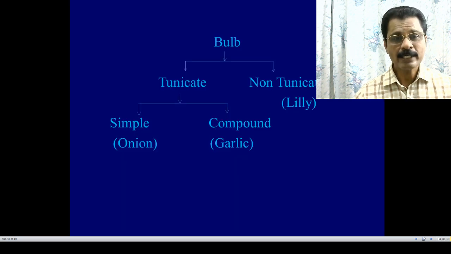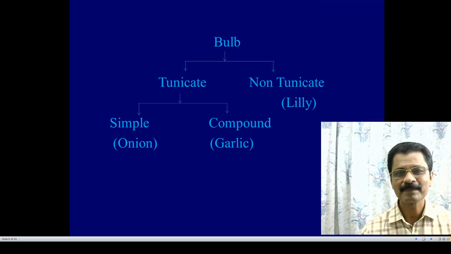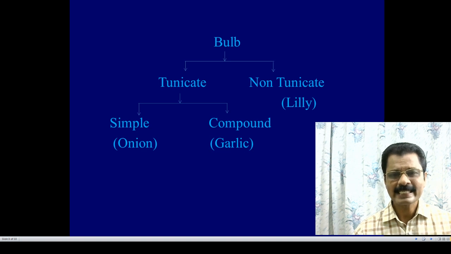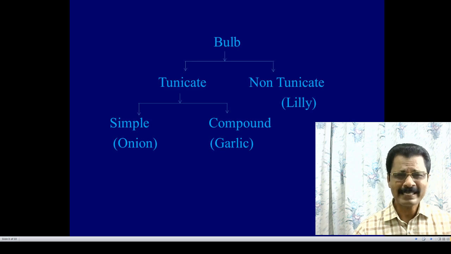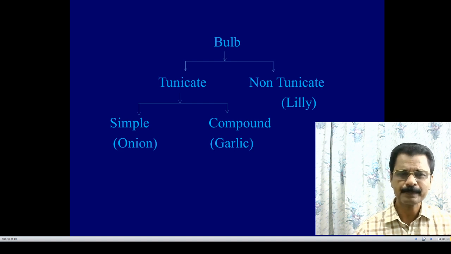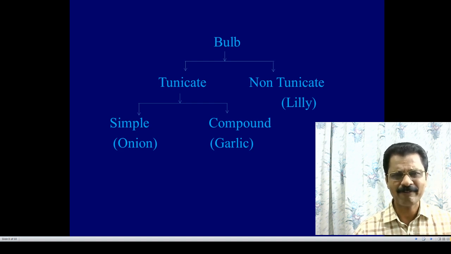Then the last one is called bulb. In this case, actually it is not a stem modification. The stem is very short, conical in appearance or disc shaped, very compact.